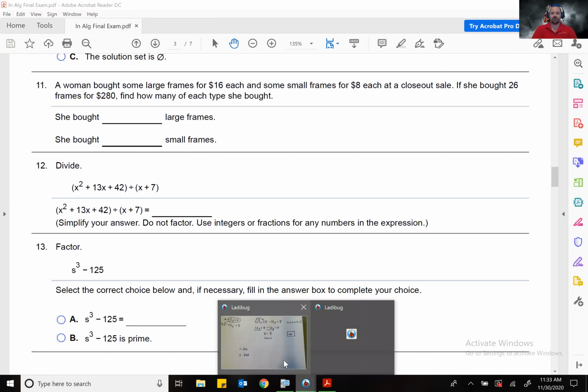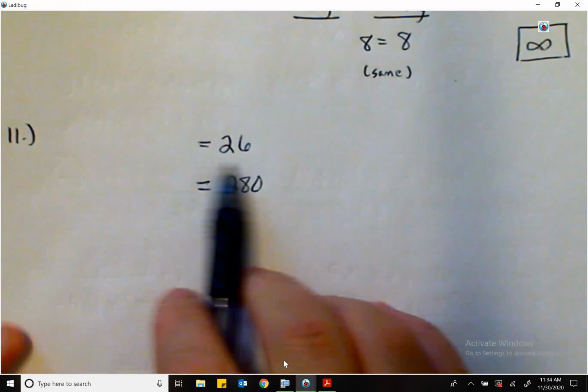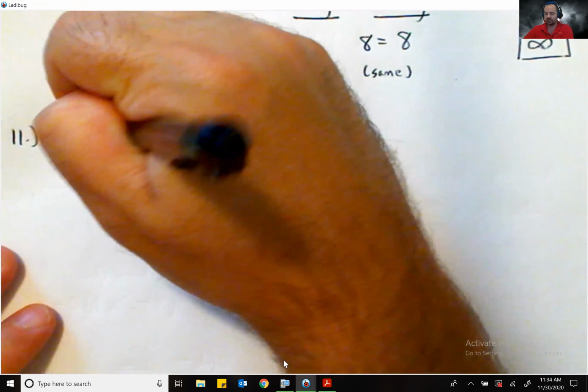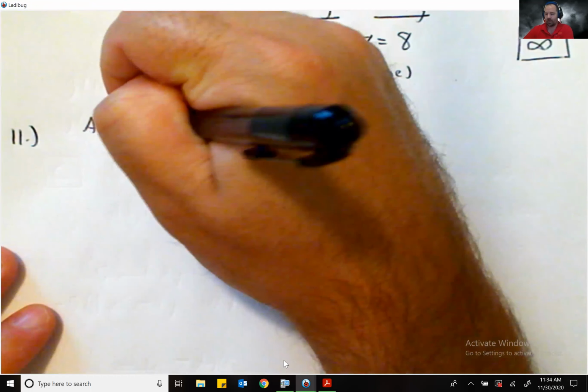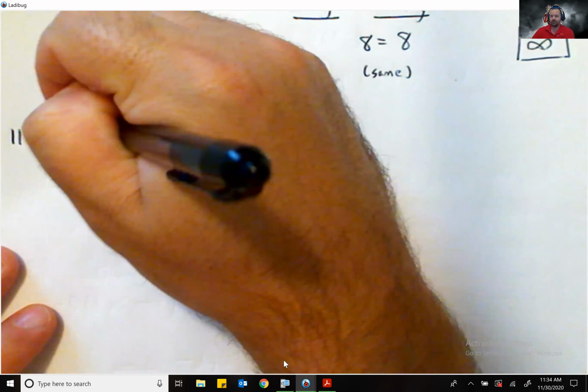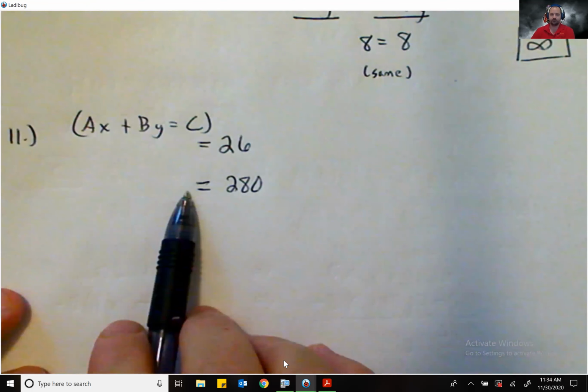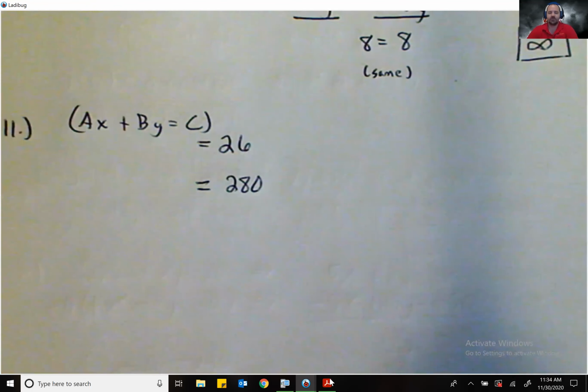So what we have so far is this. This is all in standard form. Remember, standard form looks like AX plus BY equal to C. C is like our totals, and then we're going to fill in the other information. So let's fill in some things.